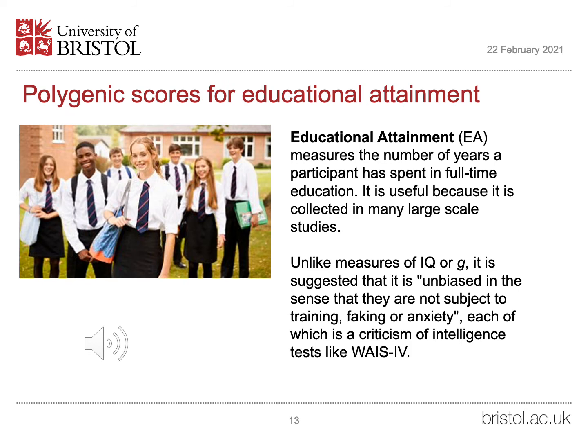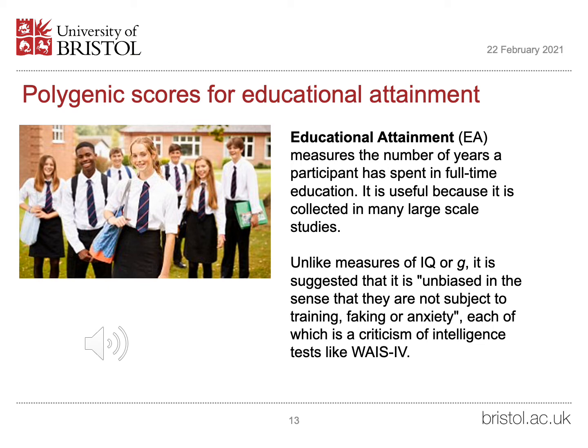Education Attainment, or EA, measures the number of years a participant has spent in full-time education. It's useful because it is collected in many large-scale studies and is a readily available metric.